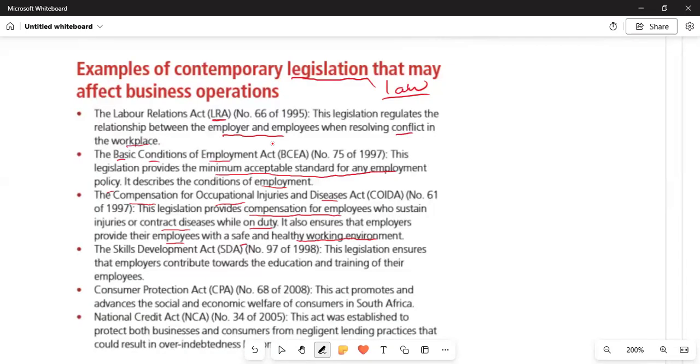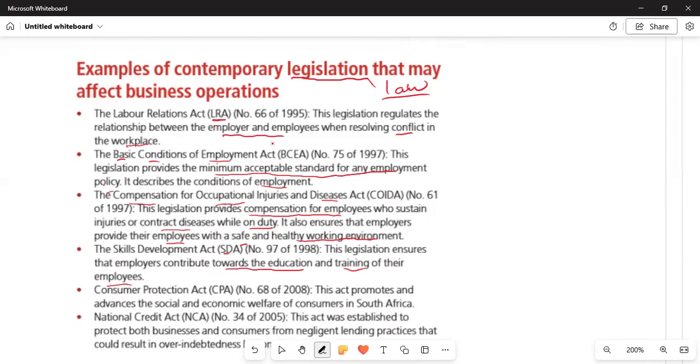Also, we have the SDA, Skills Development Act. This legislation ensures that employers contribute towards the education and training of their employees. So you improve your employees, you let them be equipped with knowledge and skills while they are at the workplace.